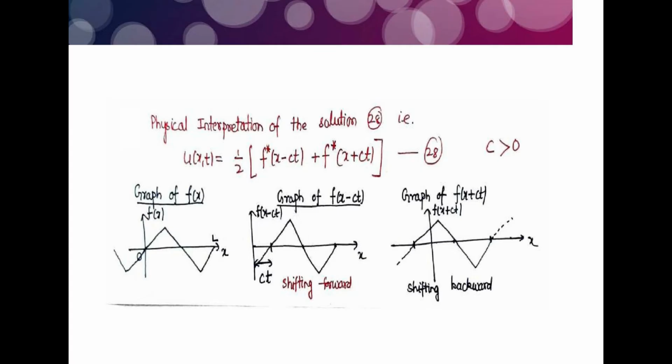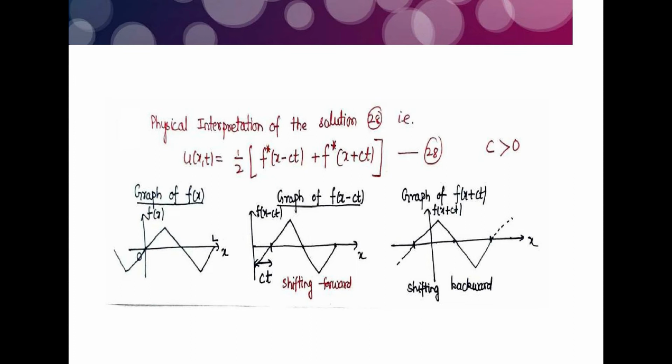Suppose this is the graph of the function f of x defined from 0 to L. Now f star is just the extension of this function, in fact an odd periodic extension, so I am just extending this on the left side as an odd periodic function. Now given the function f of x and its graph, we would like to find the graph of f of x minus ct and f of x plus ct.